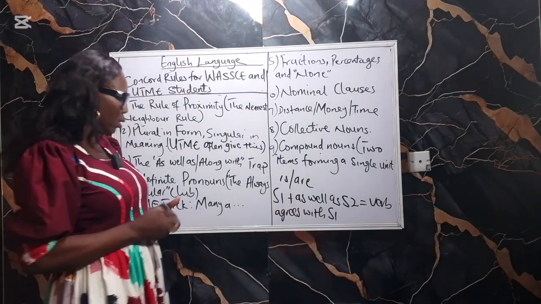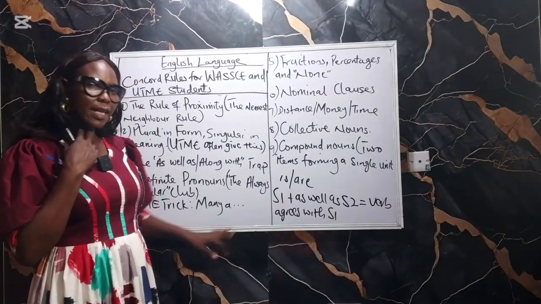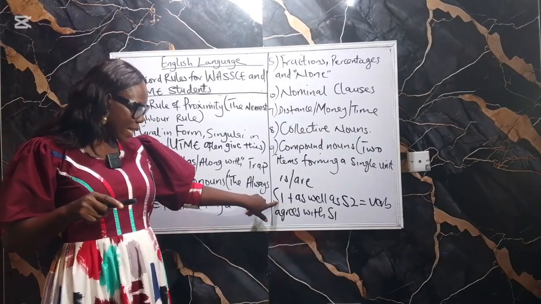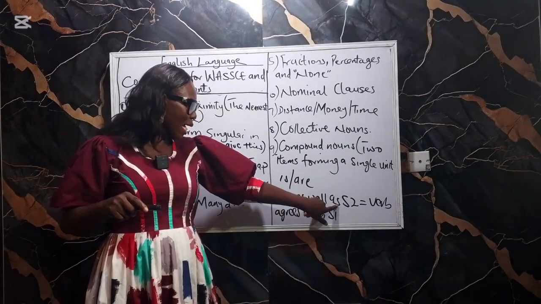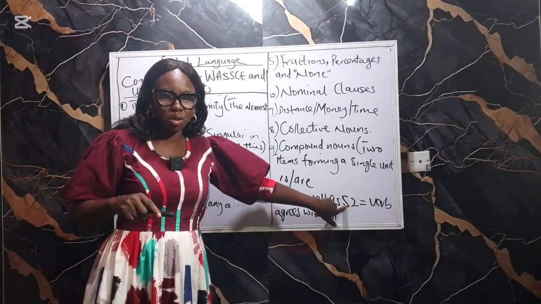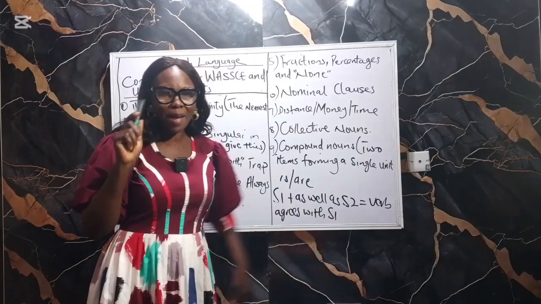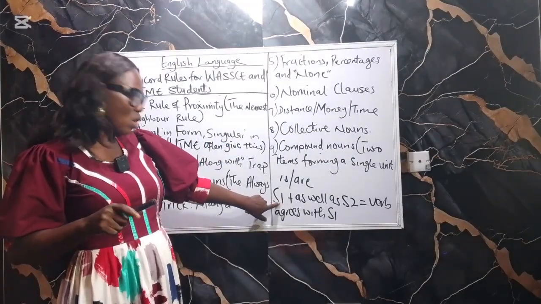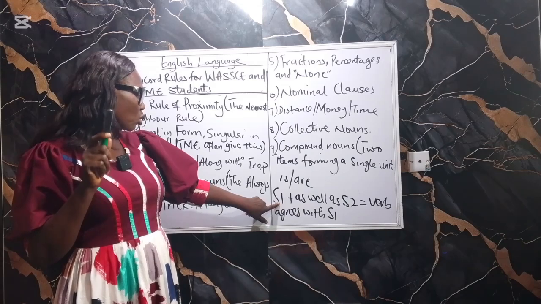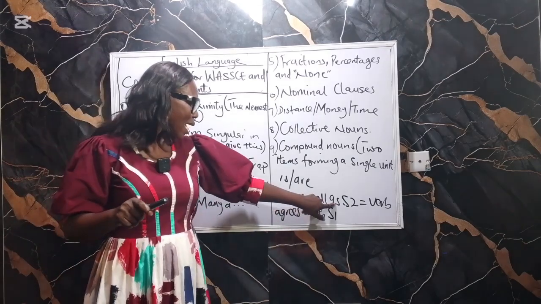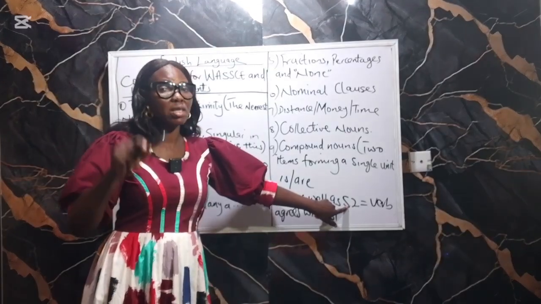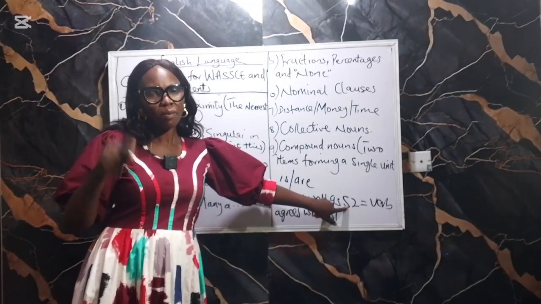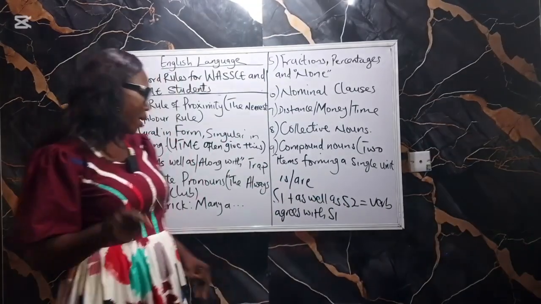So if I say the Lekki headmaster as well as his notorious students is expected, the S1 is the principal. So the principal as well as his notorious students is expected at the assembly ground. Is the right one. Why?